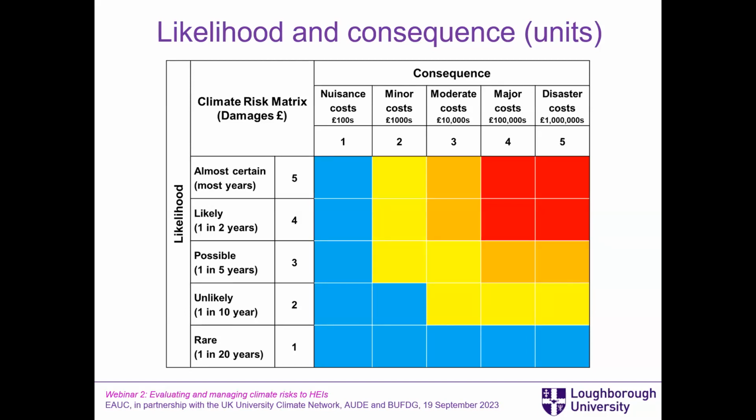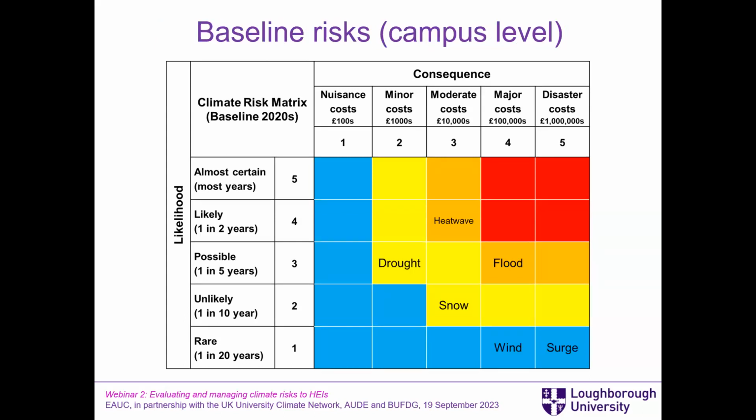So then the next step is to start to drop some of these hazards onto the risk matrix. And here I've got a hypothetical case for a coastal university which is impacted by drought, heat waves, floods, snowstorms, windstorms, storm surges, and potential risk of coastal flooding.